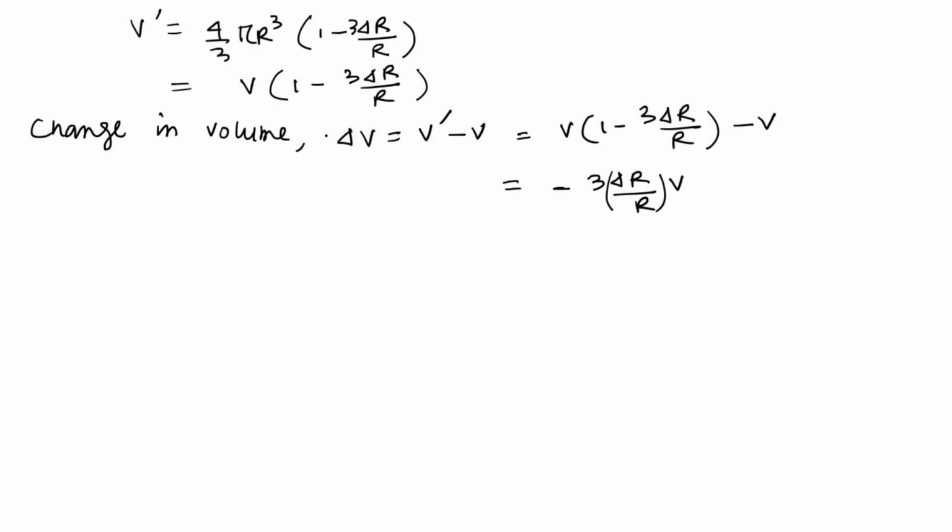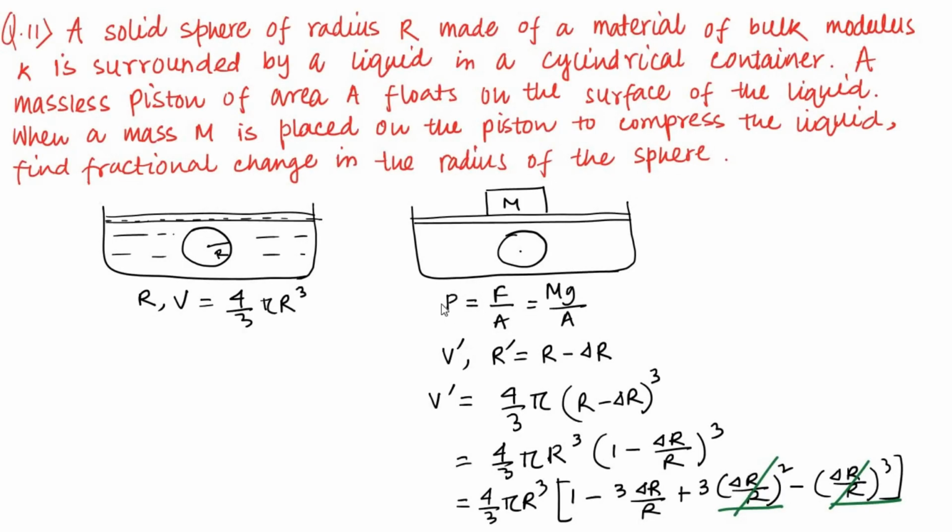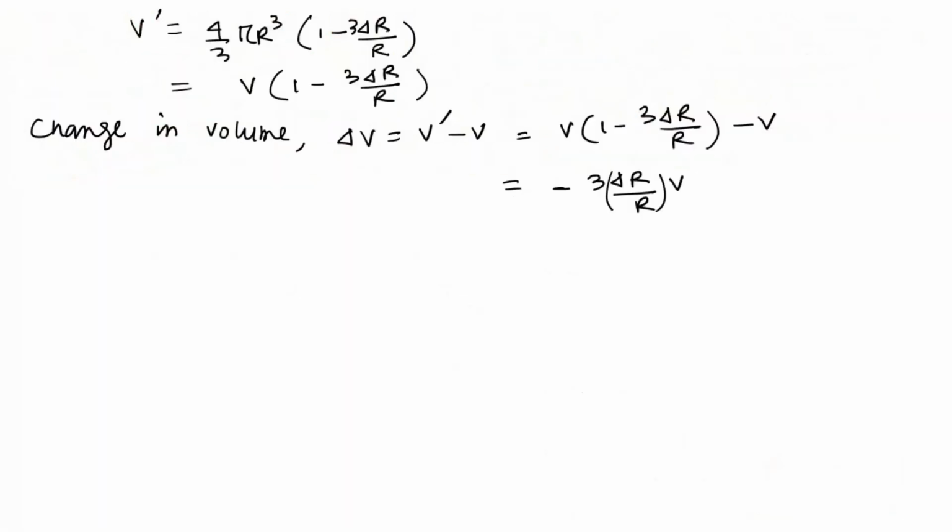So now we have the change in volume, the amount of pressure, and we have v as well, right? So we can calculate the bulk modulus from this. We know bulk modulus K is equal to P upon delta V by V. Whenever we calculate numericals for the bulk modulus, we always take the positive value, but in general, in the equation we have a minus here.